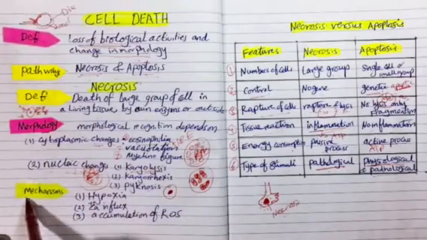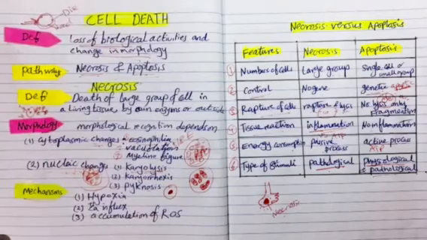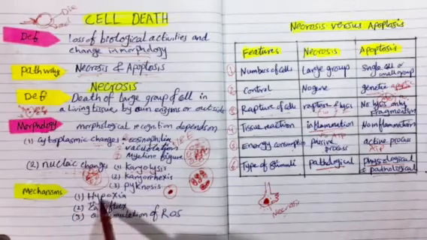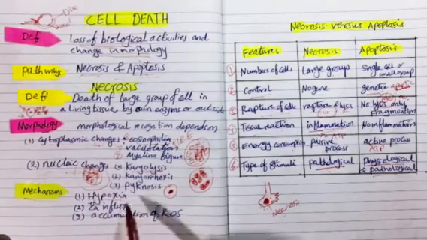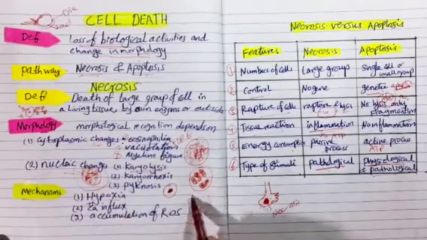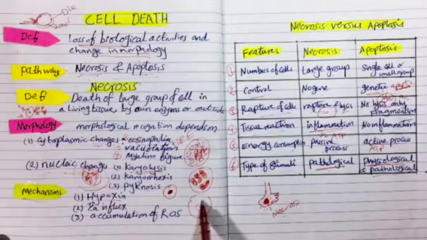Let us go over the next point, which is a very important point. What are the mechanisms of necrosis? Actually, we have three mechanisms for necrosis. Let us start with the first one, hypoxia. There is a reduction in oxygen inside the cell, so the metabolism will be anaerobic glycolysis.